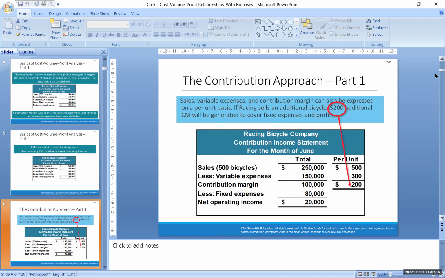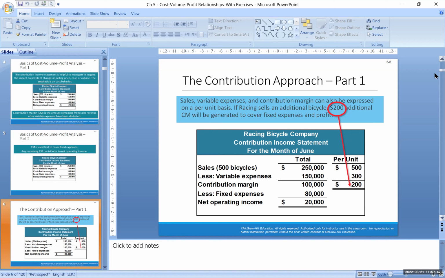Sales, variable expenses, and contribution margin can also be expressed on a per unit basis, and I need to emphasize what the contribution margin per unit is. We need to understand the meaning of the price per unit and the variable cost per unit, and the difference is called the contribution margin per unit. So for this example, if the company sells an additional bicycle, an additional $200 contribution margin will be generated to cover the fixed expenses and profit.